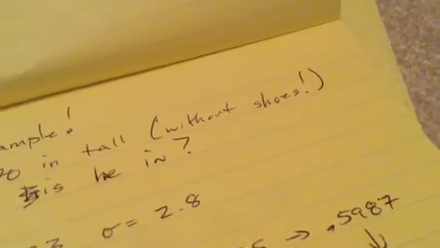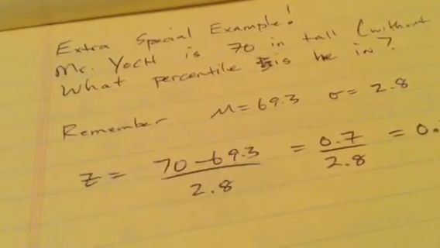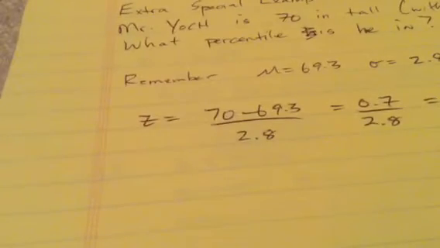That's an important example. Now, folks, here is the most important example, an extra special example. Mr. Yak is 70 inches tall without shoes. Thank you very much. What percentile is he in? Remember, the mean for a man is 69.3. Standard deviation is 2.8. So let's find my z-score.